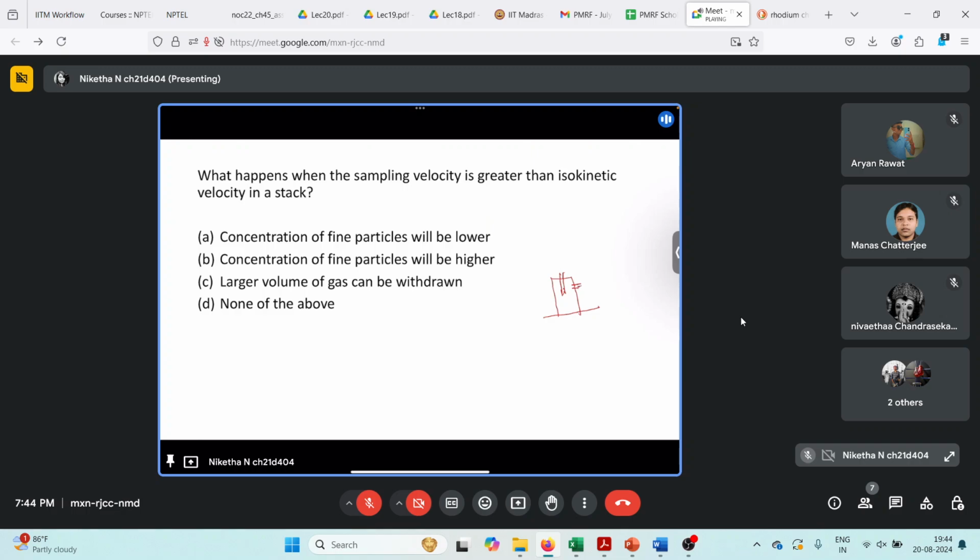So here you have a sampler. The sampler also has to maintain a certain velocity to remove the gases from here. If we assume that the sampling velocity, or the velocity with which the sampler is pulling out the samples, we call it V1, is greater than the stack velocity V2, then what will happen?